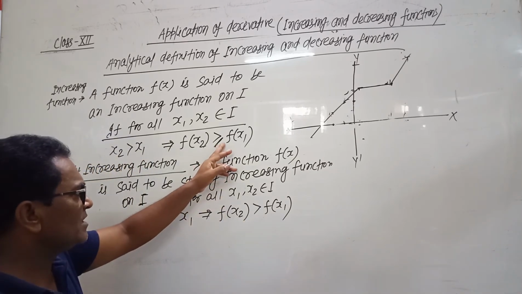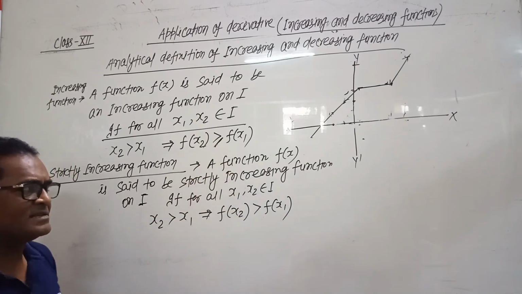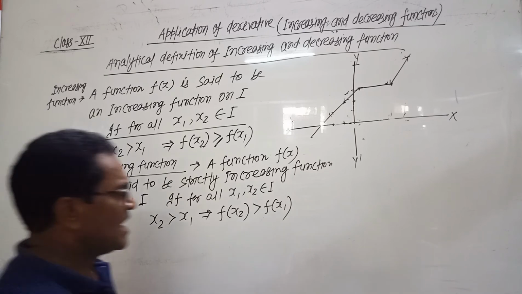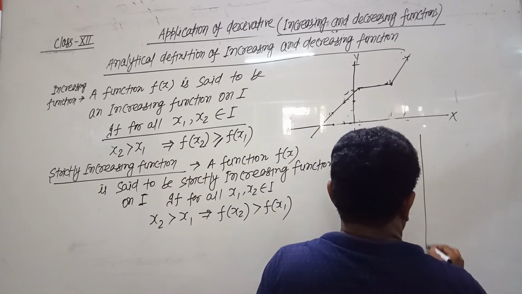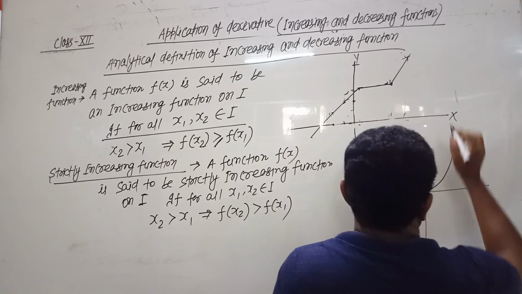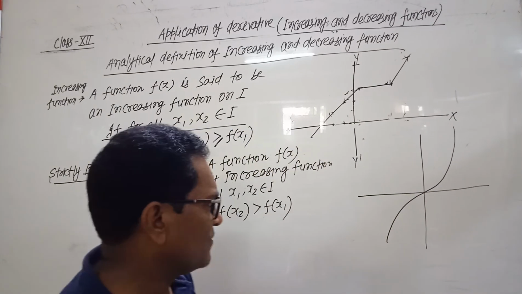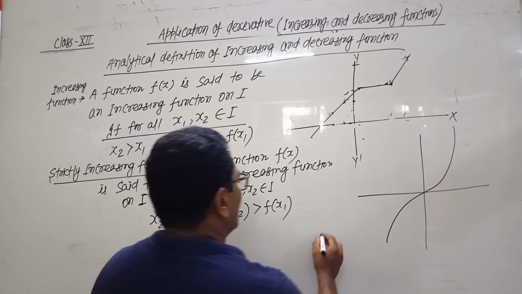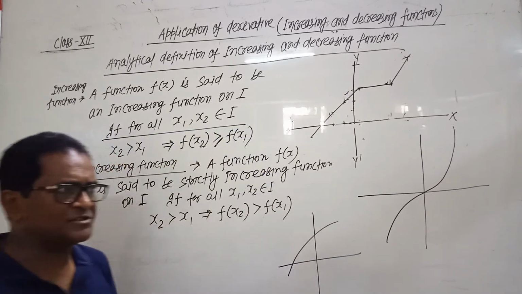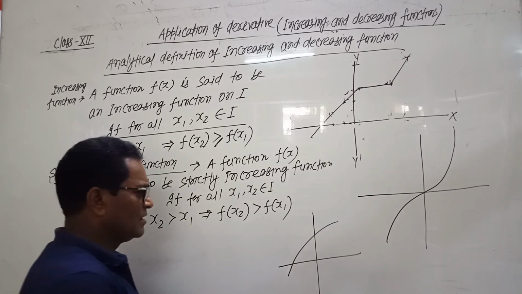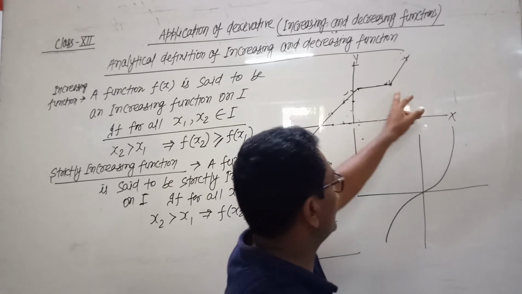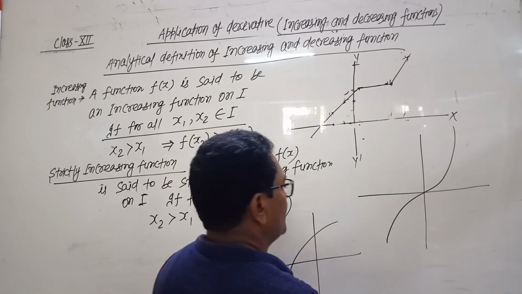So we remove the equality sign in a strictly increasing function, and this is the graph of a strictly increasing function. This is also the graph of a strictly increasing function, because here there is no sense of equality for every point.